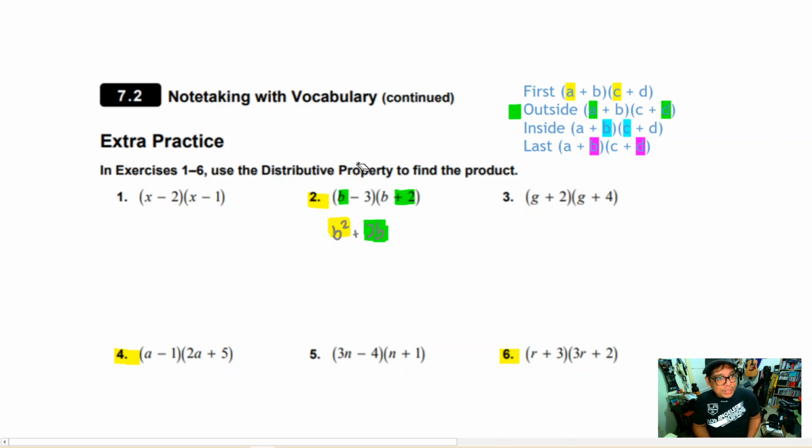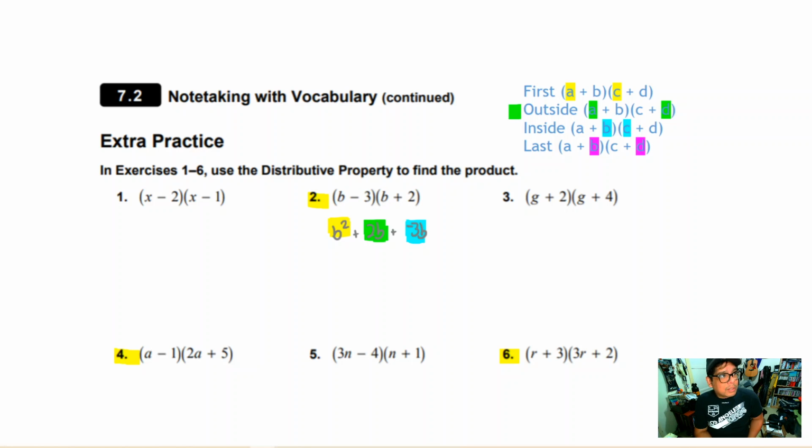Next, the inside. Which ones are on the inside? Okay, according to what I see, they are in the middle. So it is a minus 3 and it is the b. If I multiply those two together, I get a minus 3b. Of course, I always put a plus in between. Now the last one is going to be, well, last.